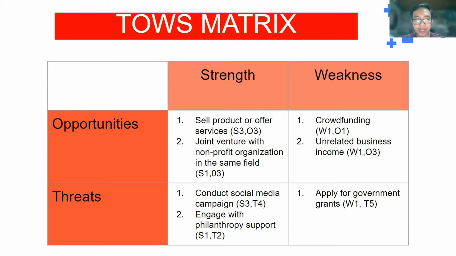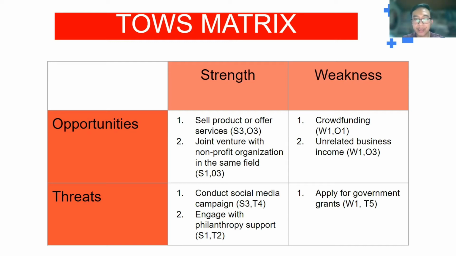Next, for strength and threat, LLS can conduct a social media campaign by taking advantage of smartphones and technology and engage with philanthropy support. So we move to the weakness and opportunities.